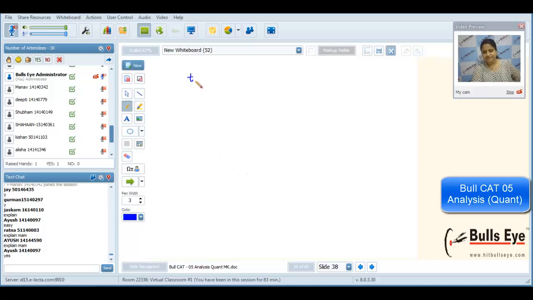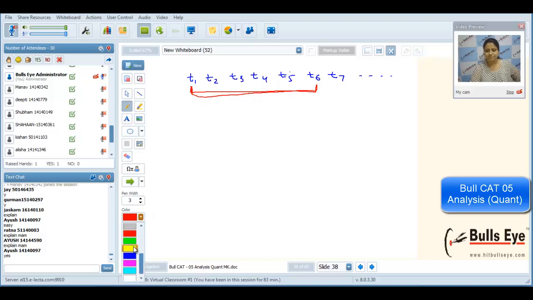Suppose I am taking this series T1, T2, T3, T4, T5 and T6 and T7 as well and so on. Now the condition says if you take any 6 consecutive numbers, the sum should be the same. So if you take T1 to T6 or you take T2 to T7, the sum should be the same always.